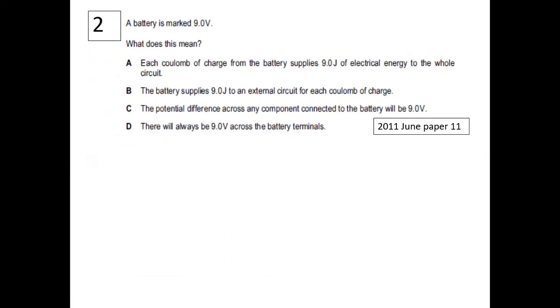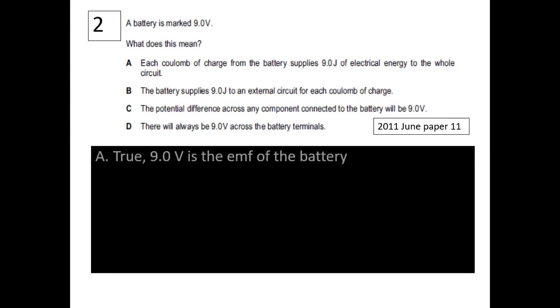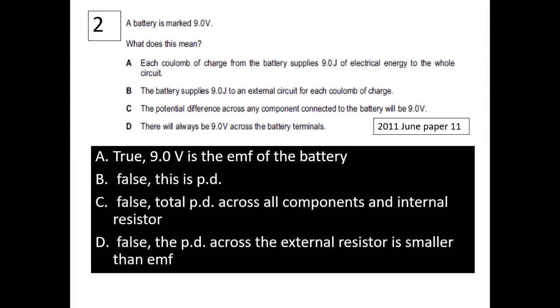Yeah, what is the answer? A. Okay. B is your potential difference. Correct? Okay, answer is A.